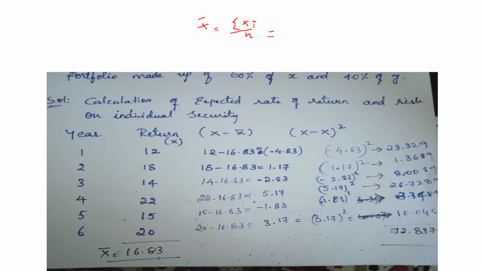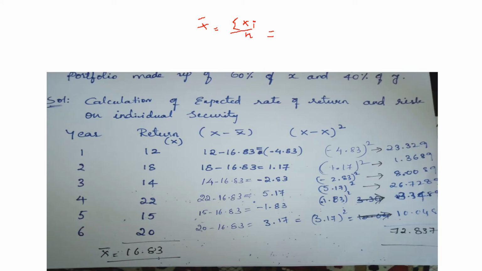total of returns of X, that is 12 plus 18 plus 14 plus 22 plus 15 plus 20. You have to add those individual securities and divide it by n, the number of securities.